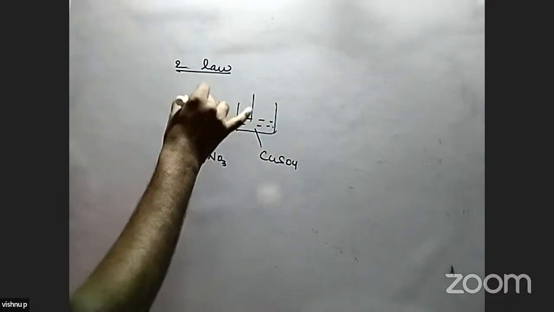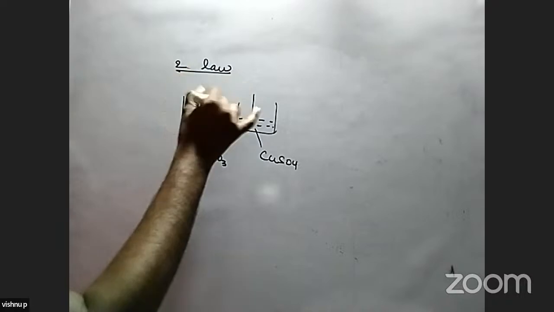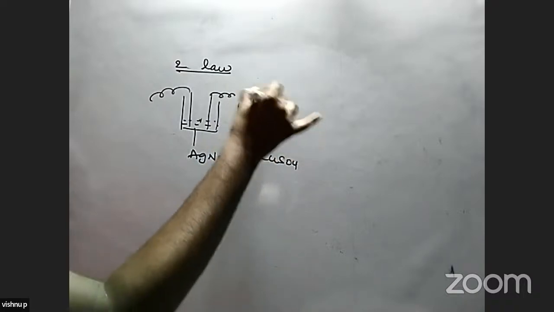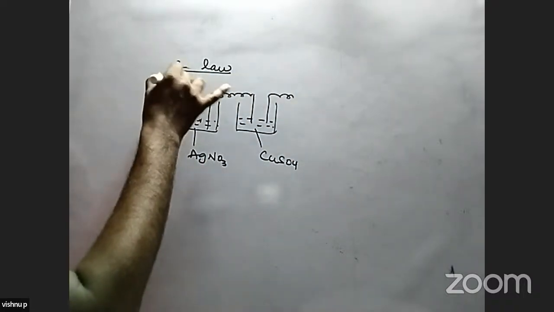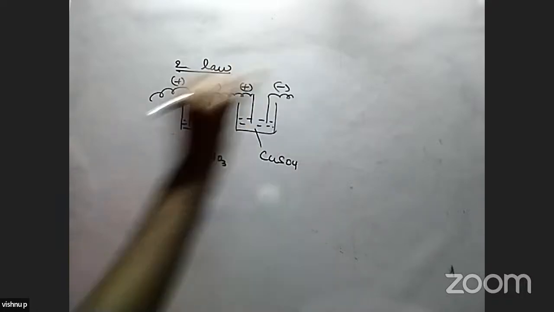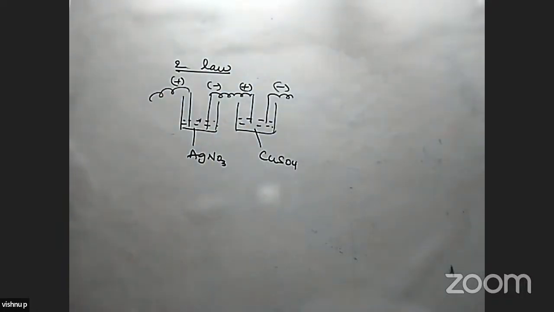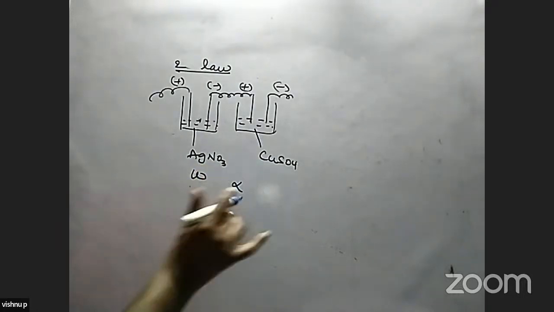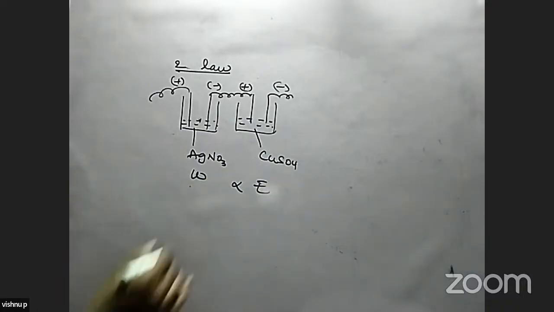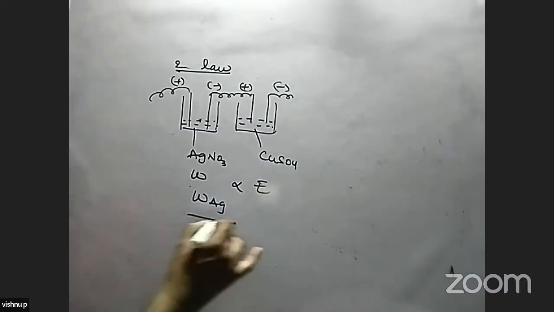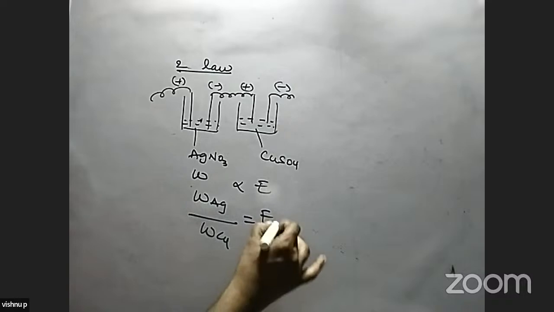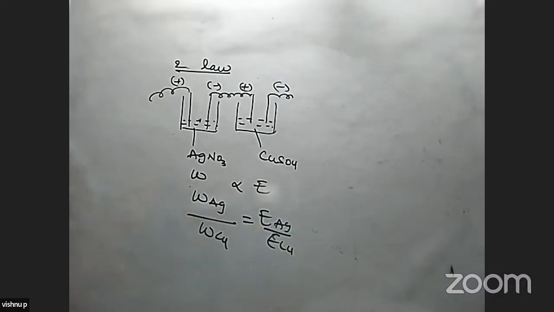Here we use inert electrodes, and these electrodes are connected in series, and the same amount of electricity is passed. So the weight of metal deposited is directly proportional to the equivalent weight of that metal. Or weight of silver deposited by weight of copper deposited is always equal to equivalent weight of silver by equivalent weight of copper. This is the second law of Faraday.